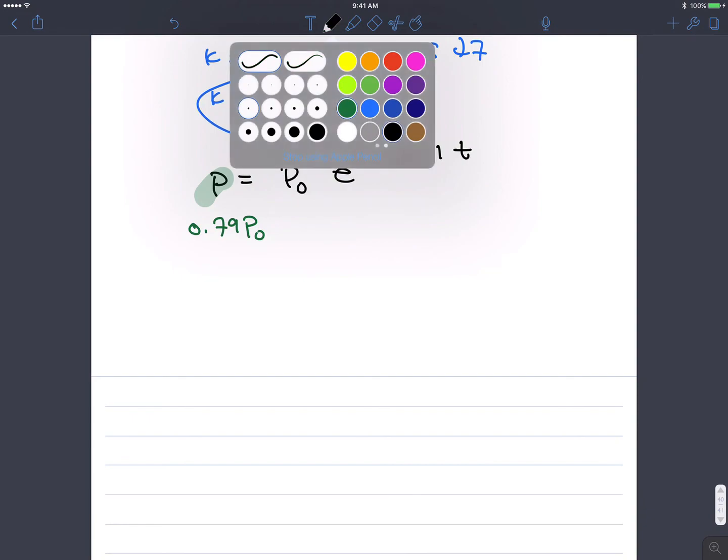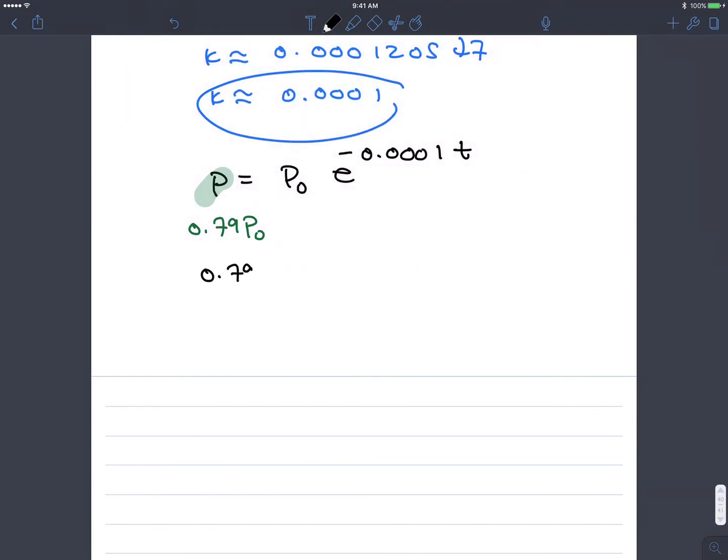So as an equation, we have 0.79 P naught is P naught e to the minus 0.0001 t. Again, P naughts go away. We get 0.79 to be e to the minus 0.0001 t.